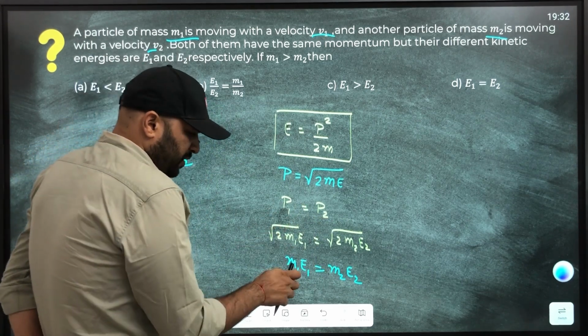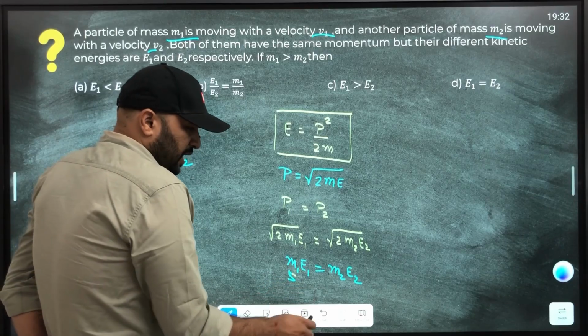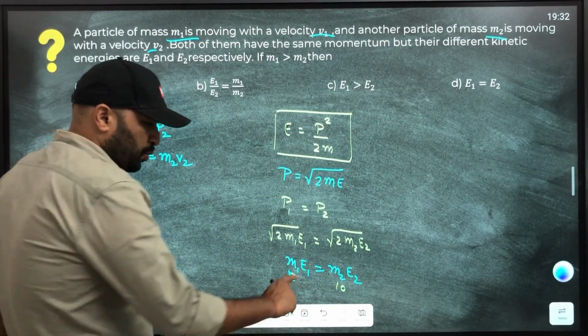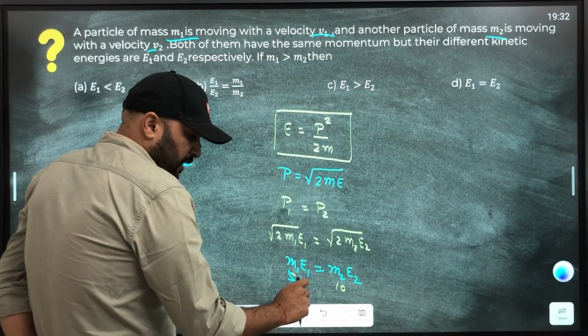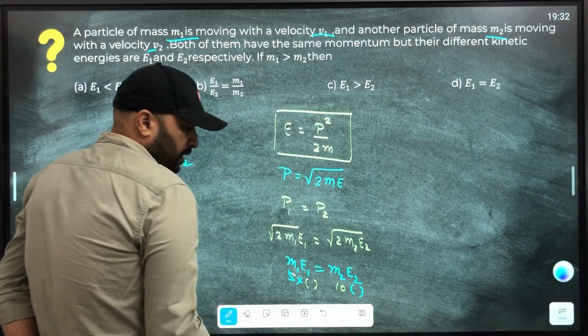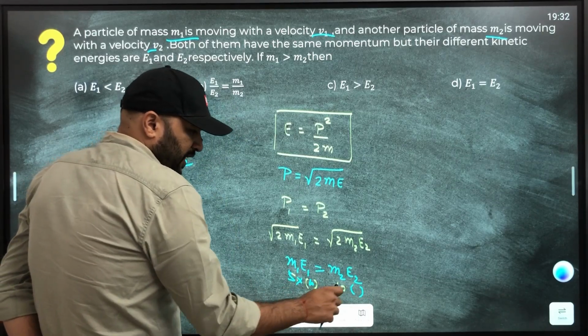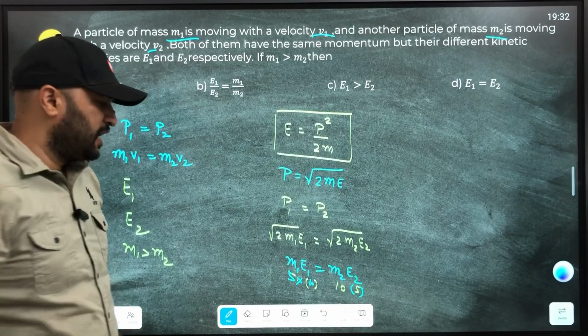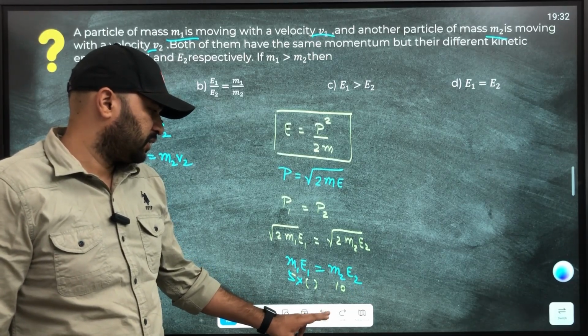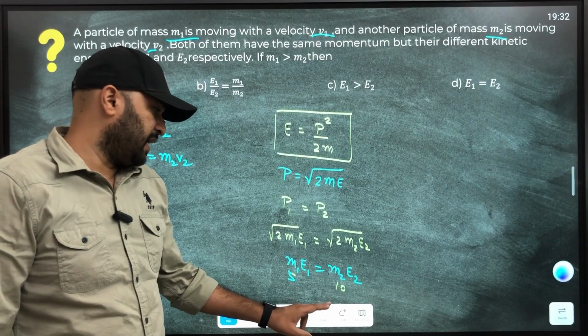In layman's language, if M1 is 5 kilos and M2 is 10 kilos, to make both of them equal, I have to multiply the 5 with a large number and the 10 with a small number, because 5 into 10 will make it 50 and 10 into 5 will make it 50, right? So you have to be very careful that E1 is less than E2 if M1 is greater than M2.